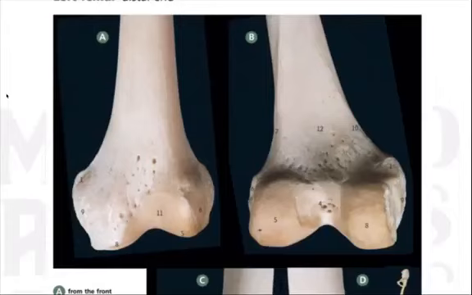So here you have the epicondyles, which means you are going to have the condyles. From the back, number 5 will be the lateral condyle. Number 8 will be the medial condyle. Number 9 is the medial epicondyle, and just above that, number 1 is the adductor tubercle.